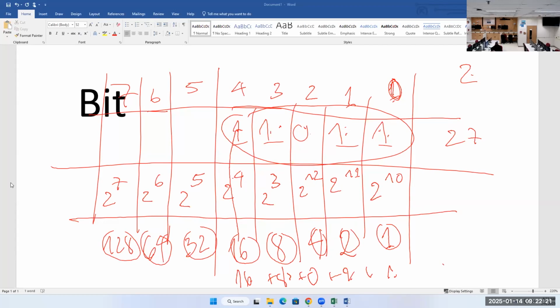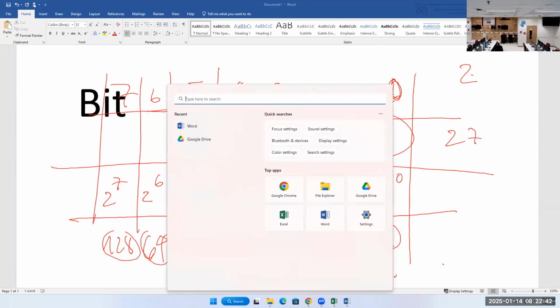Now I have explained the concept of how you convert from binary to decimal, but I do not require you to do it manually. If you want, you can use a calculator. In this class, it's up to you.